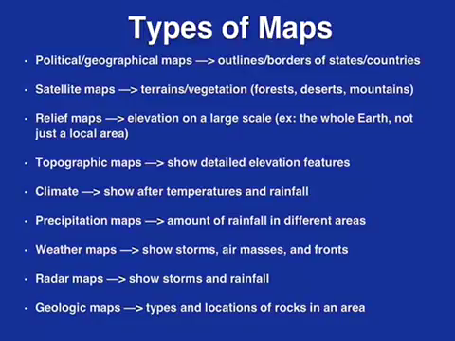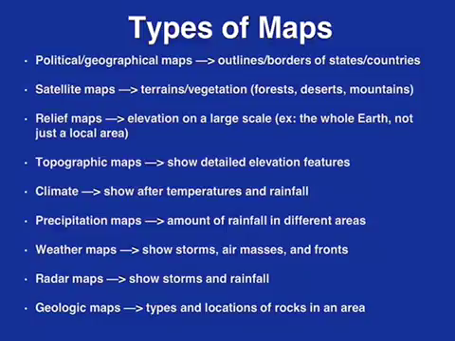Relief maps, we looked at some relief maps the other day, show elevation on a large scale, for example the whole Earth and not just a small local area. Topographic maps show detailed elevation features. The climate maps show different temperatures and rainfalls for different areas.